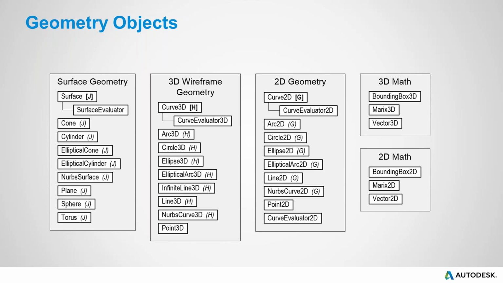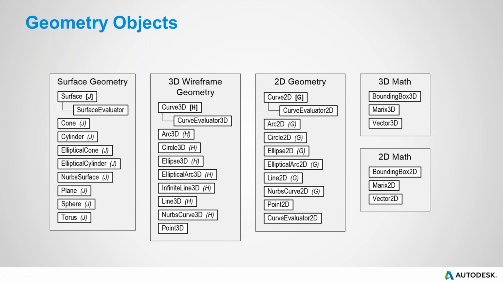And then the 3D wireframe, so I'm going to get back any one of these types, arc 3D, circle 3D, ellipse, and so on, whenever I query an edge. So if I ask the edge for its geometry, I'll get back one of these shapes. And there's a couple in here, one that maybe is a little bit interesting, this infinite line.